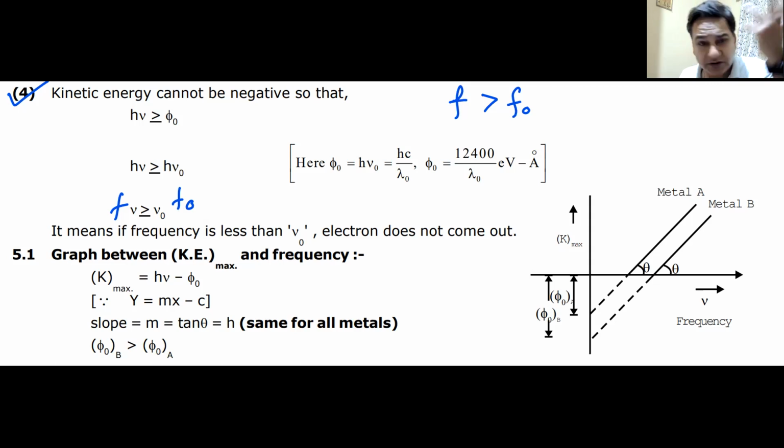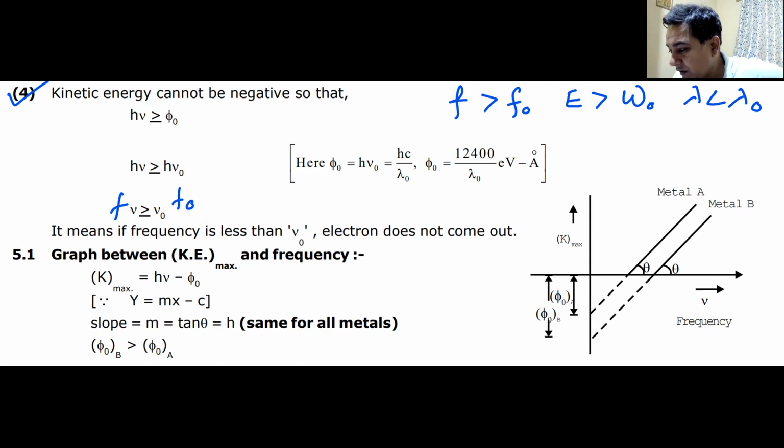Then what did we discuss in Einstein's equation? If the frequency of radiation is more than f naught, which I say means the energy of the radiation is more than the work function, or I say lambda is less than lambda naught. I don't think you have gone through the notes.